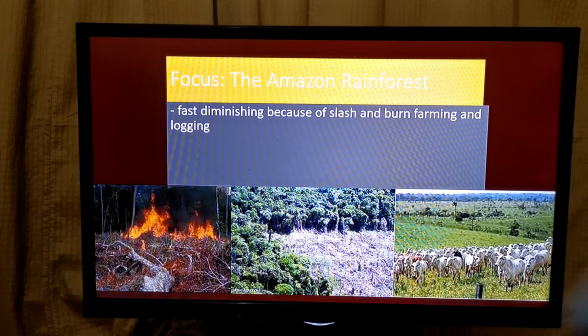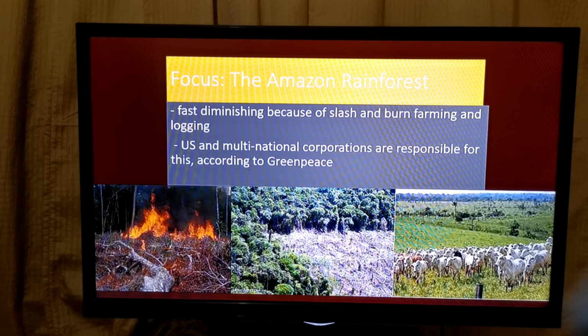So that's the thing that is happening in South America. The Amazon rainforest is endangered, although it's still big, but maybe in a few decades it would be gone because of slash and burn activities of people.